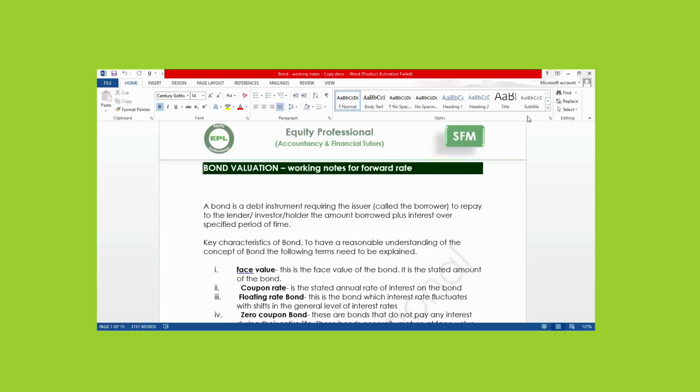If you look at the stock market reports, share price may rise, share price may fall, or the share price may remain constant. The same thing applies to bond.